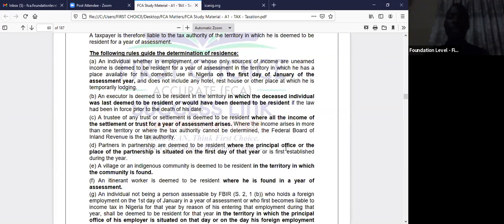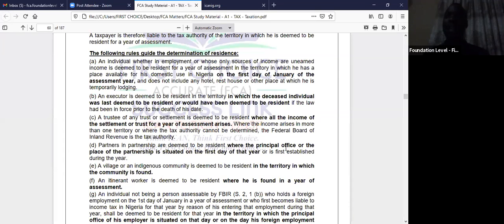Now, there's a difference between where you are resident and where you are deemed to be resident. Now, the difference is this. Let me use myself as an example. I am resident in Lagos. That is where my house is. Let's assume I am working at Ibadan or I'm working at Ogun State.